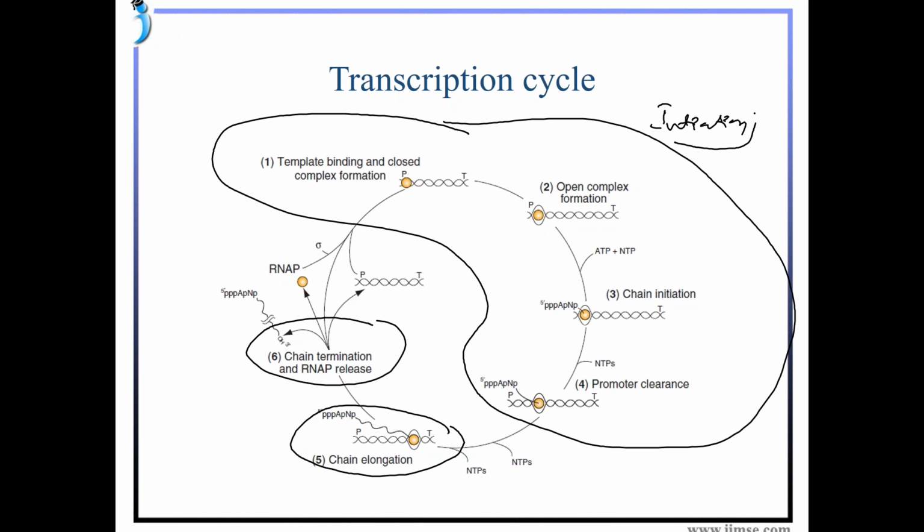As the name suggests, initiation means once the mRNA synthesis is started. Elongation is continuously adding nucleotides till the process is completed, and termination is separation of the newly synthesized mRNA from the DNA, which is called chain termination. So we'll go into each step.